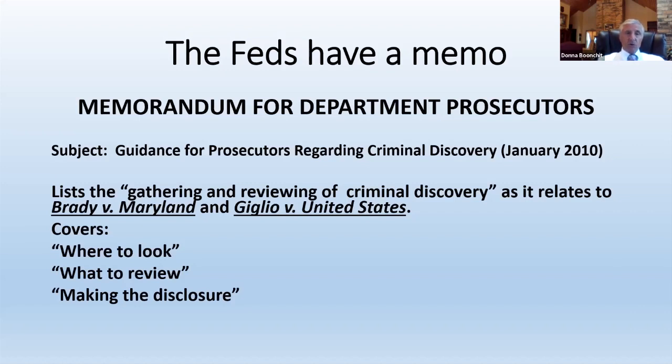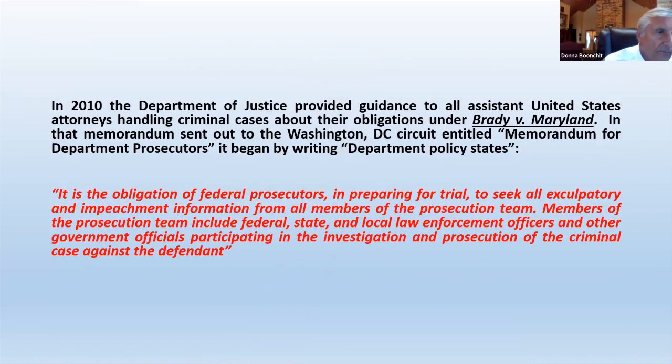Okay, look at number one, where to look. Again, I want to beat a dead horse, but they're saying you have to go out and look for it. You can't sit back, prosecutor, and have it come to you, and then you turn it over, okay? So let's look at where they're telling them they have to go and review. In 2010, the Department of Justice provided guidance to all assistant United States attorneys handling criminal cases about their obligations under Brady.